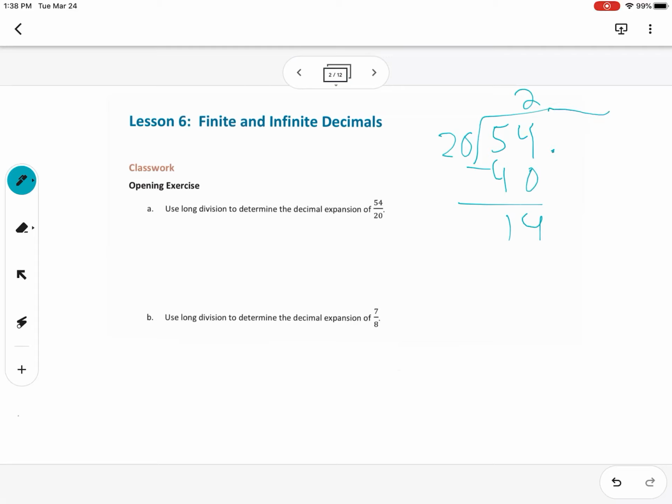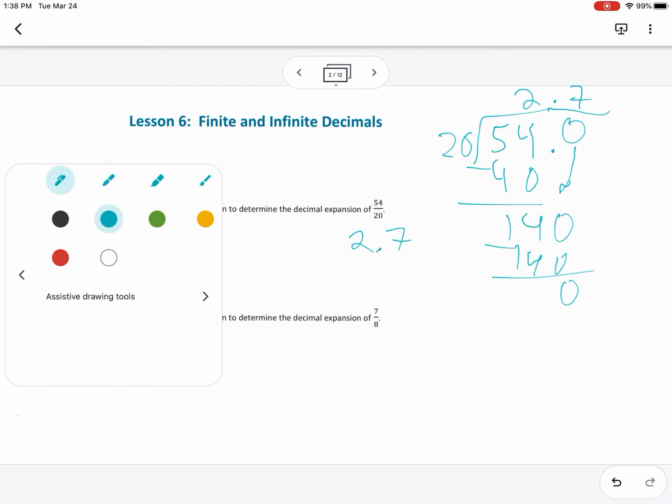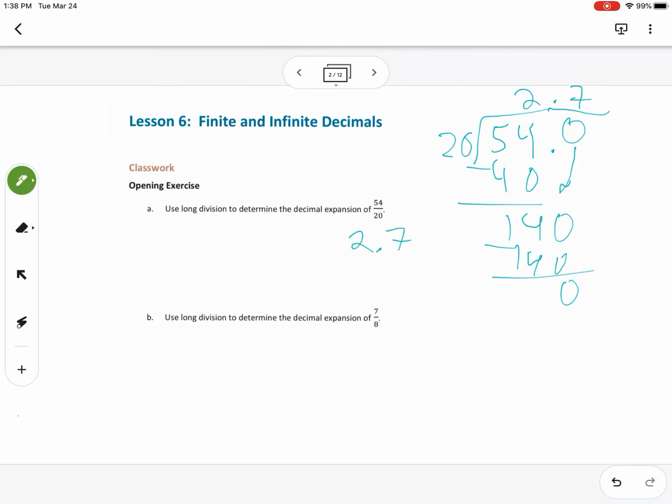I'm going to put a decimal there, put a decimal here. Bring down the 0. I know 2 goes into 14 7 times, so 20 goes into 140 7 times. And so my answer is 2.7. So since that number had a beginning and an end, I know that it is finite. So this is a finite number there.